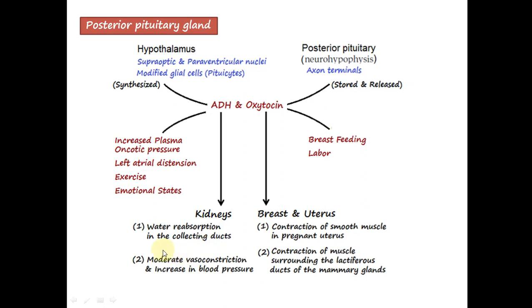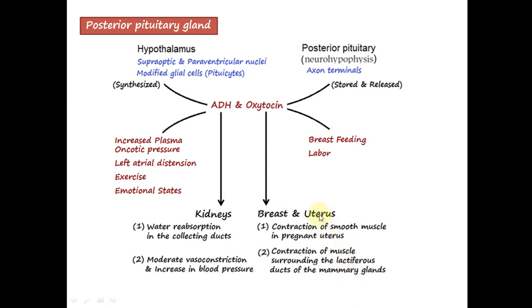The antidiuretic hormone is a moderate vasoconstrictor, and by narrowing the blood vessels, causing vasoconstriction, it increases the blood pressure. As I mentioned, oxytocin has its action in females, particularly by facilitating the birth of the child, by increasing the contractions of the myometrium, or smooth muscles of the uterus, and its second action is contraction of the muscles that surround the lactiferous ducts of the mammary glands, causing milk ejection.